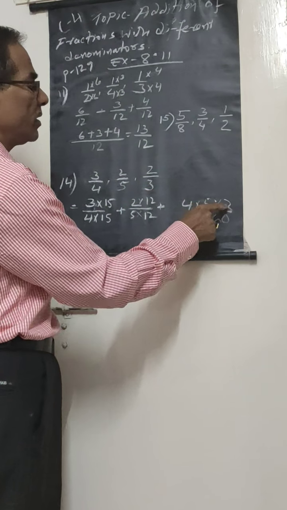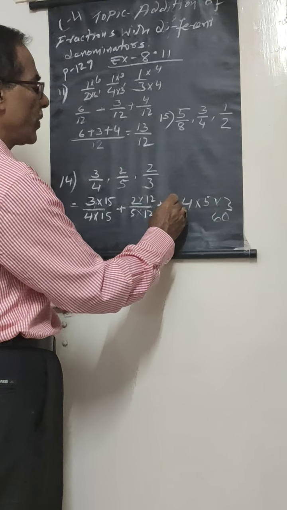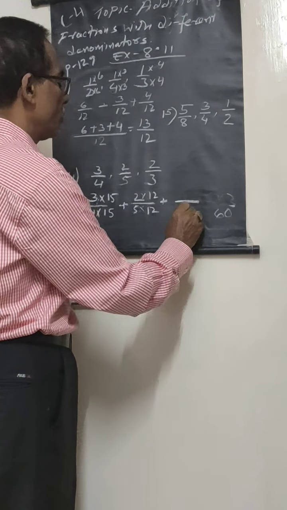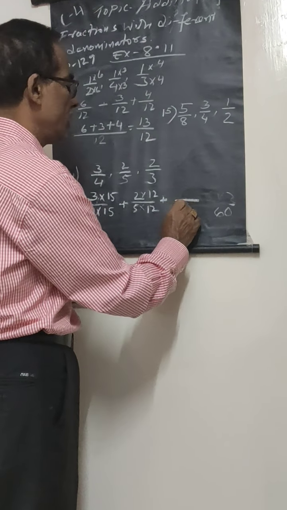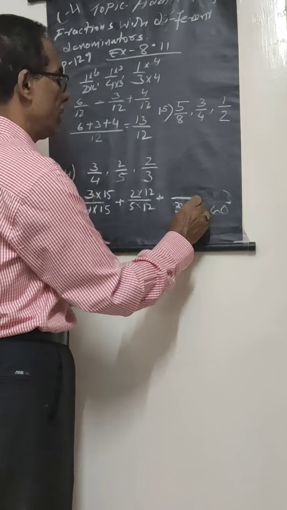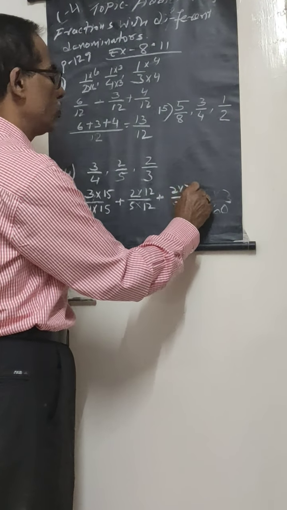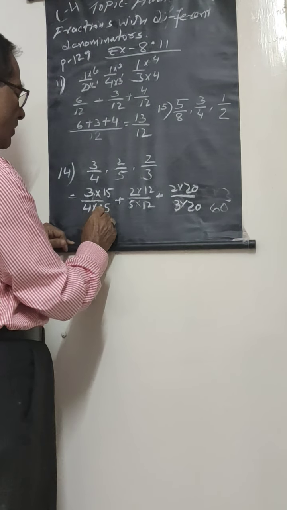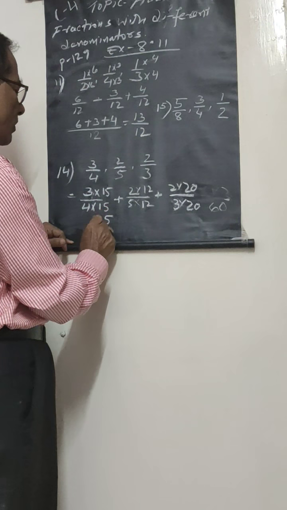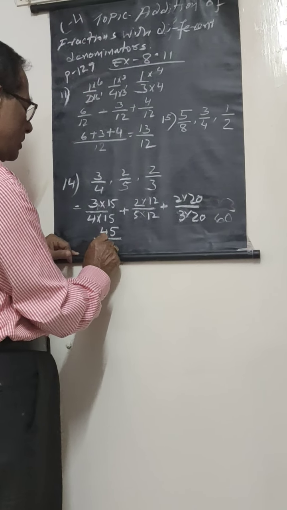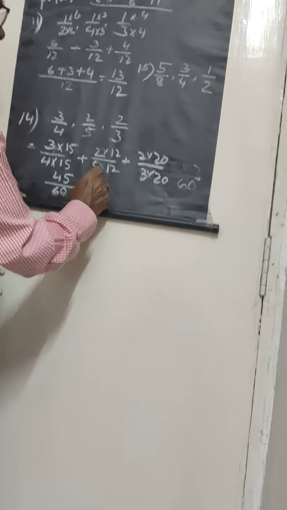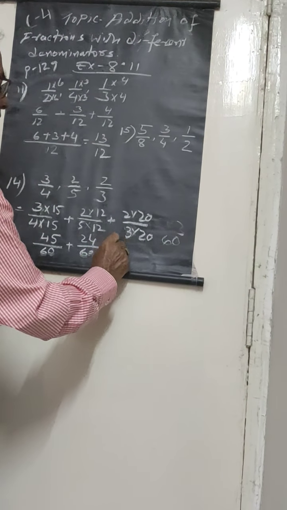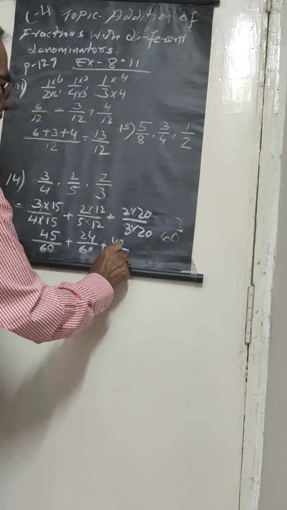Now leave the 3, then what is left over here? 4 5s are 20, so 3 into 20, here 2 into 20. Now 15 3s are 45. All will be 60 only, plus 24 by 60 plus 40 by 60.